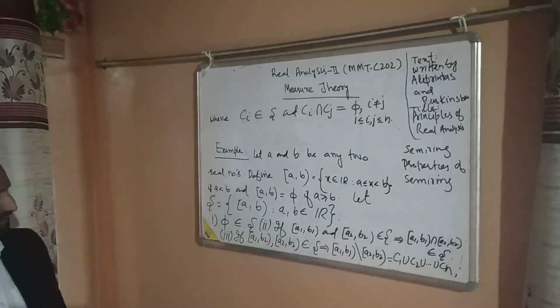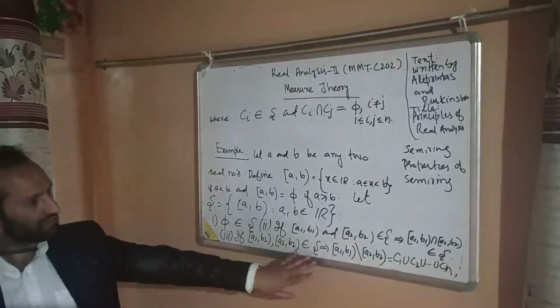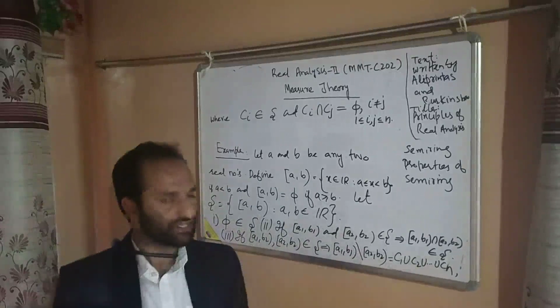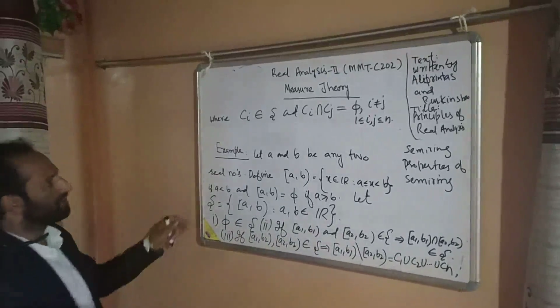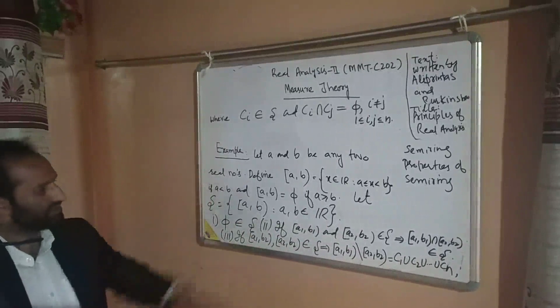That's the third property. If we choose any two members of S, then their set difference must be equal to a finite disjoint union of members of S. We show that this class S has these three properties.